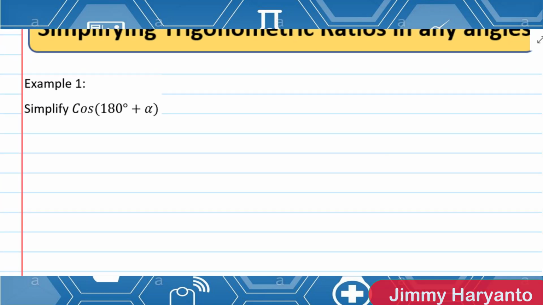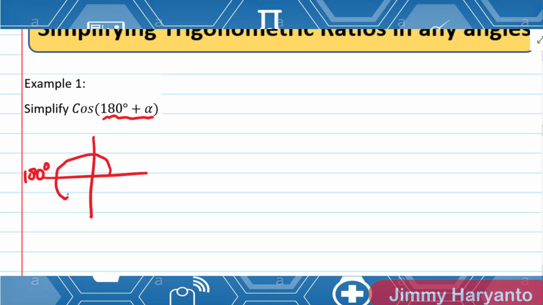Okay, first the step is the same with the previous one. Yeah, so it will be determining the quadrant. 180 plus alpha. 180 plus alpha is quadrant 3, right? How do you know that? So 180 is right here, and then plus means go forward. Go forward means go there.